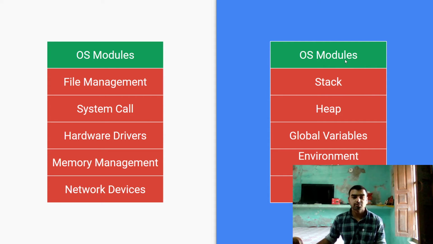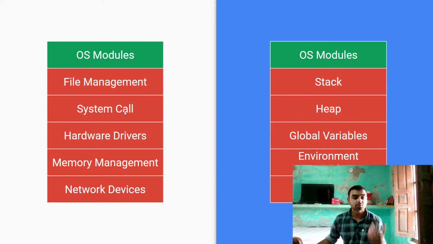Operating system modules are just the written libraries or written code which helps us communicate with the hardware. So we have the file management module, which helps us manage the files: reading a file, writing to a file, navigating to a file, finding some text in a file. That is all the task of the file management module which the operating system offers to us.